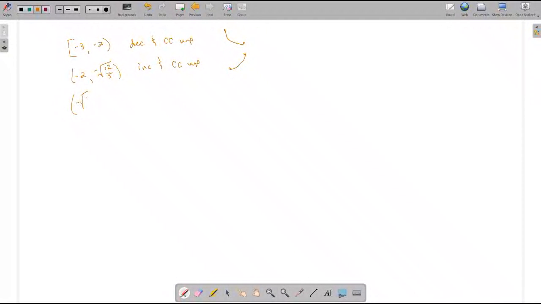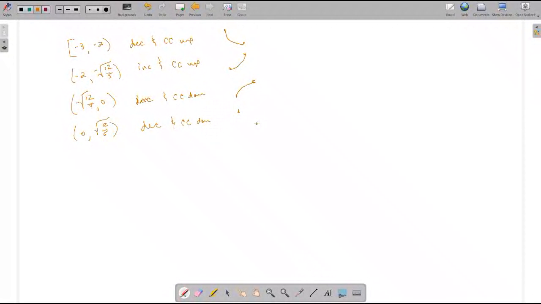From negative root 12/5 to 0, my graph was increasing and concave down. So I'm still increasing, but now my curve is kind of tapering off. From 0 to positive root 12/5, I was decreasing and concave down.